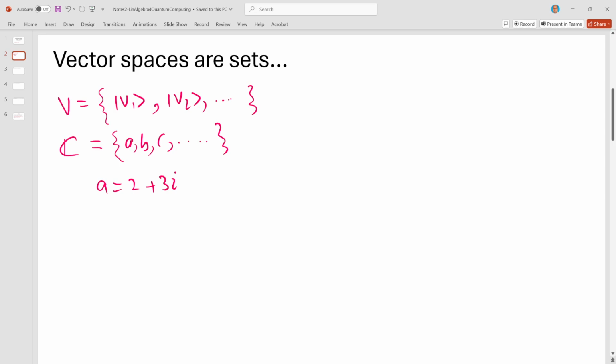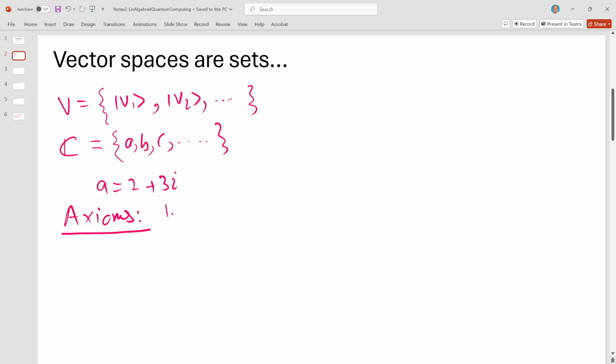So a vector space has a couple of properties associated with it. Not every set is a vector space. A set has to satisfy certain requirements in order for it to be called a vector space. They're called the axioms of vector spaces.